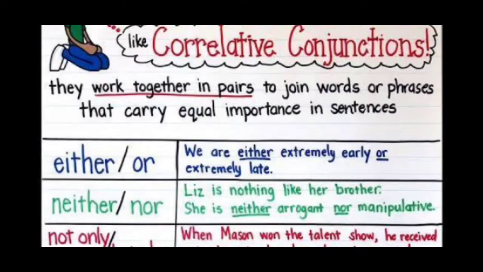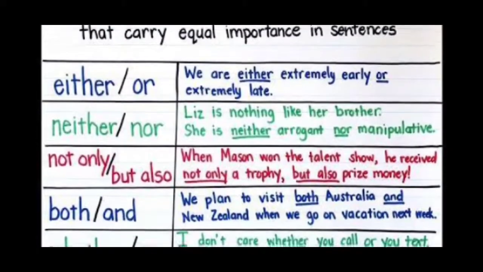These conjunctions work together in pairs only to join words and phrases that carry equal importance in sentences. First one, either or.